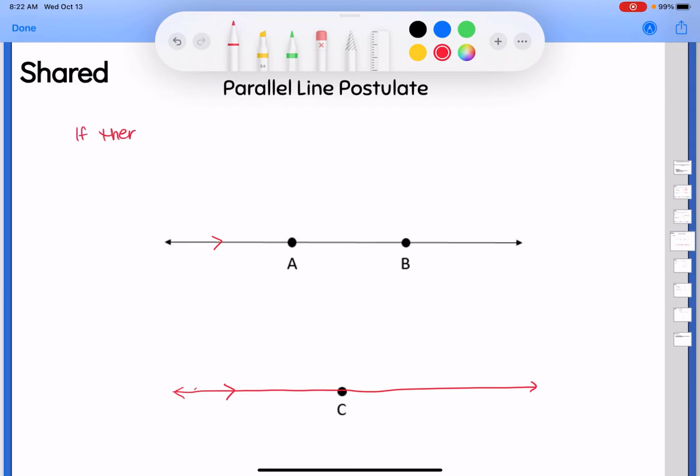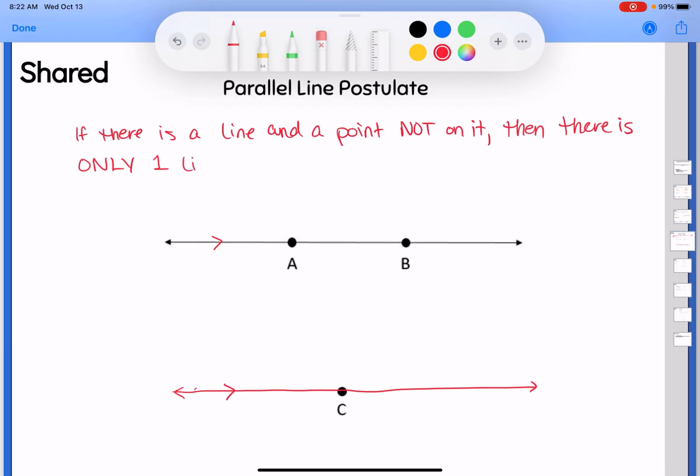If there is a line and a point not on it, then there is only one parallel line through the given point.